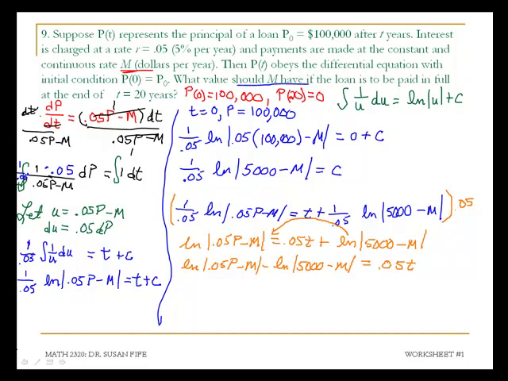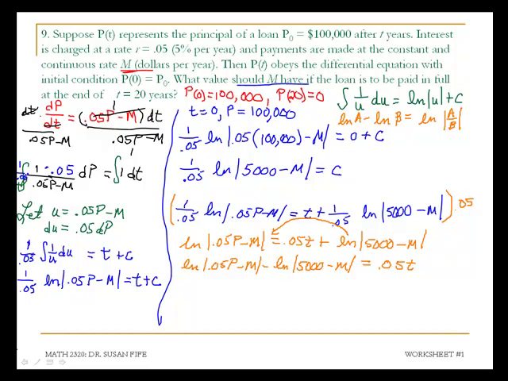And there's a rule for combining natural logs that says that if you have the difference of two natural logs, natural log of a minus natural log of b, you can combine these two terms into a single natural log as the natural log of a divided by b.